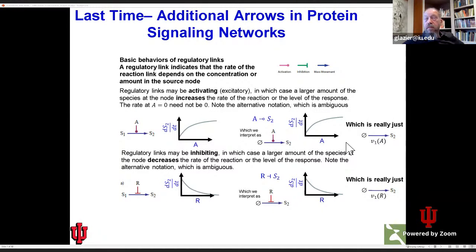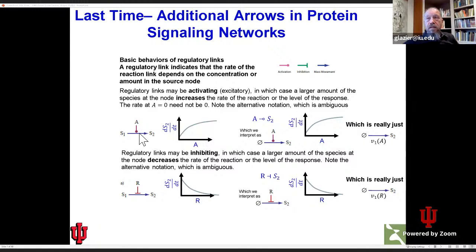Okay. I talked a little bit about arrows and signaling networks. I talked about this idea of regulation. The basic chemical reaction arrow is still the one with the pointed end. But in signaling and gene regulatory networks, you have the idea of something that modulates, either a lollipop arrow, which is called an activator, or a T-shaped blunt-ended arrow, which is called an inhibitor.